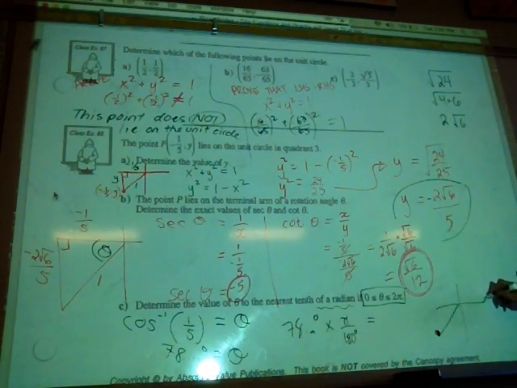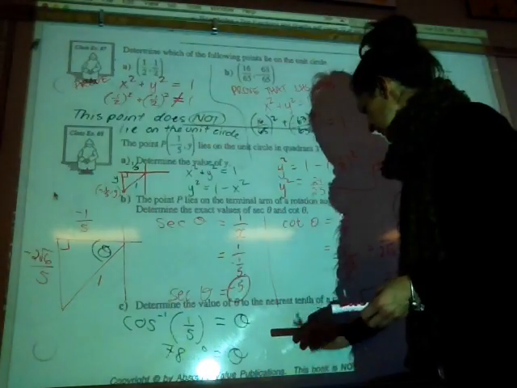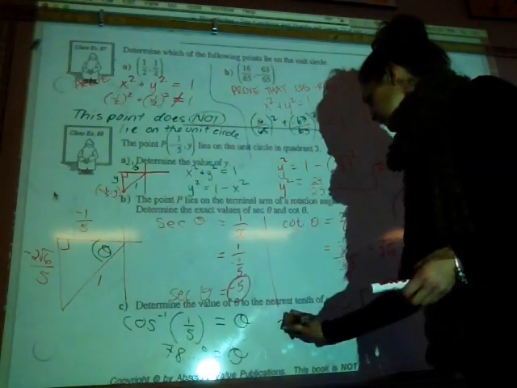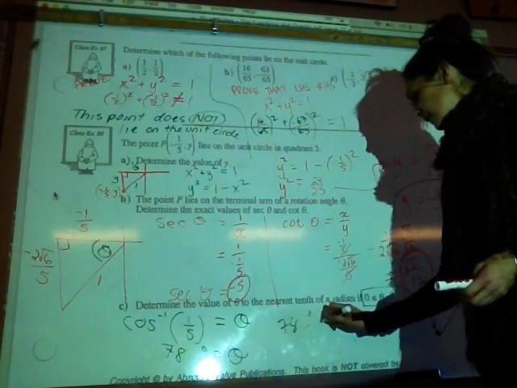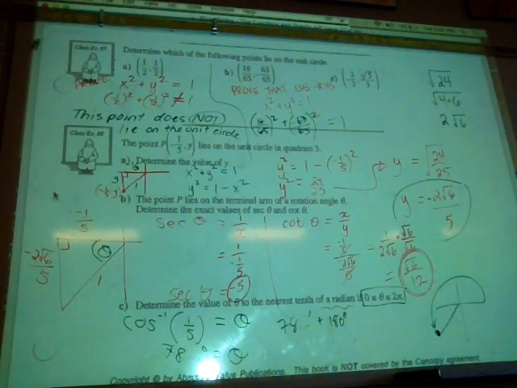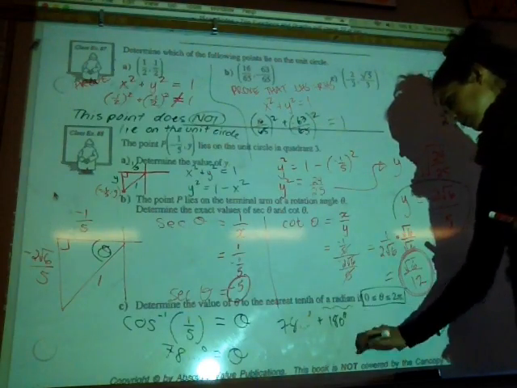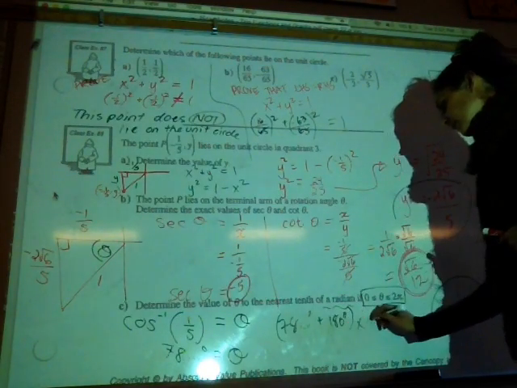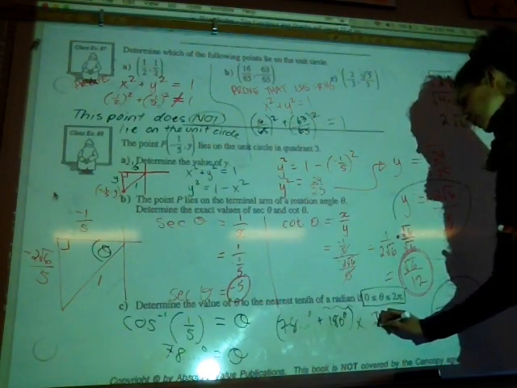It's going to that point from 0 to there. So what did we have to add to the 78 first? 180, sorry about that. So 78 point whatever plus 180. Okay, don't round your answer. Whatever you get there, you're going to multiply by pi over 180.